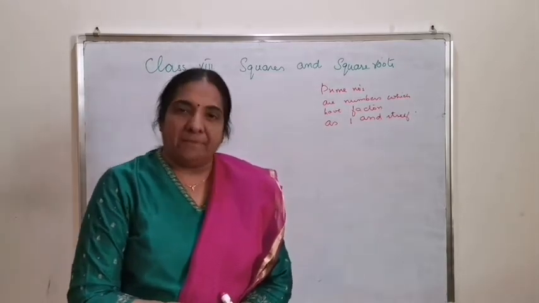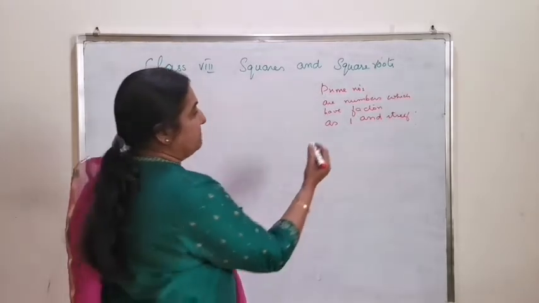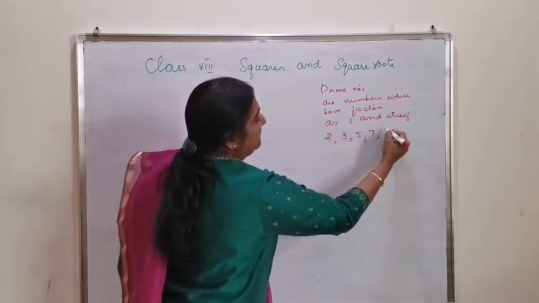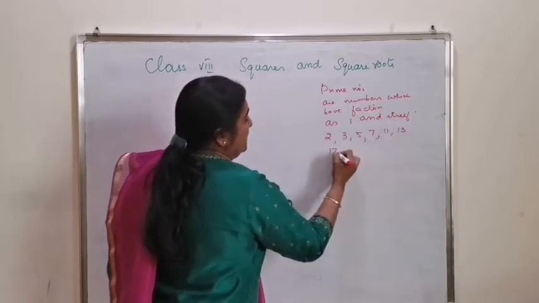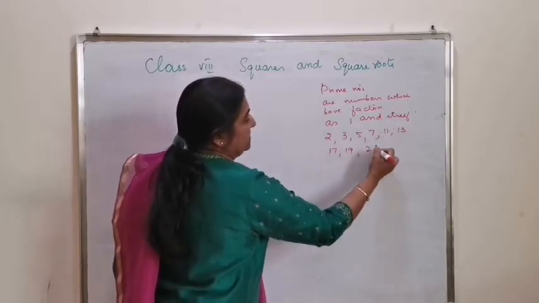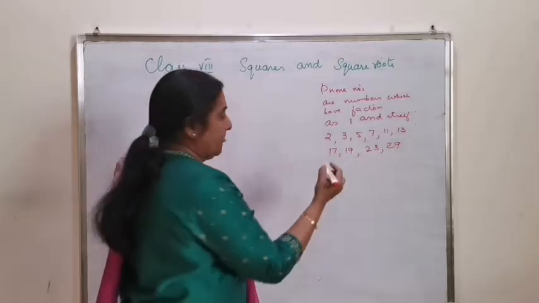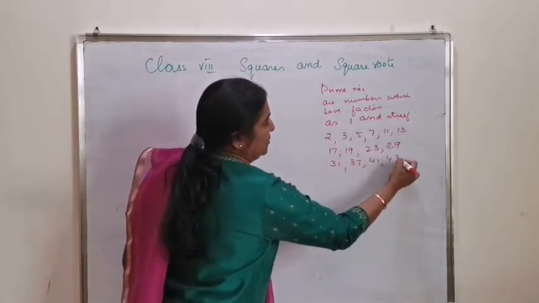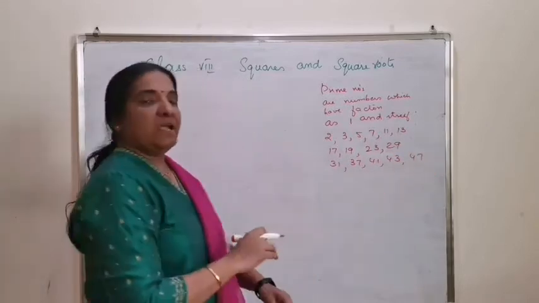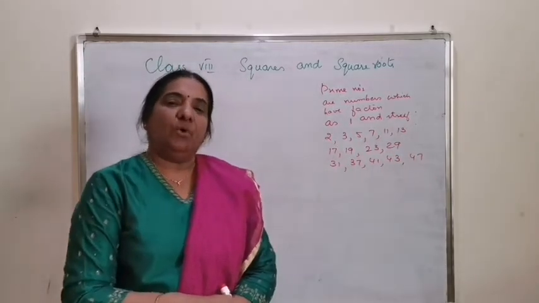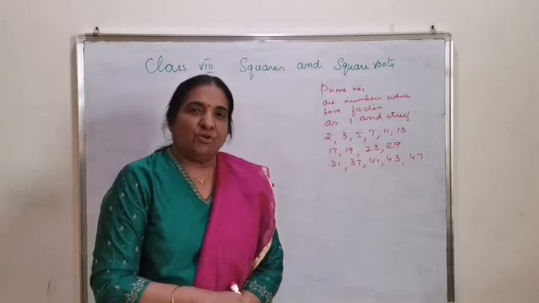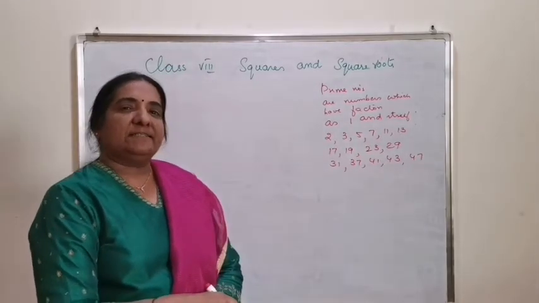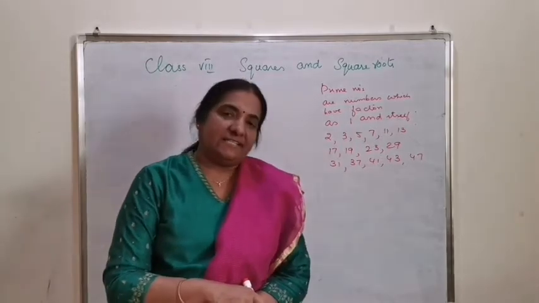The prime numbers below 50 are 2, 3, 5, 7, 11, 13, 17, 19, 23, 29, 31, 37, 41, 43 and 47. When you observe, these numbers have only the factors 1 and itself.